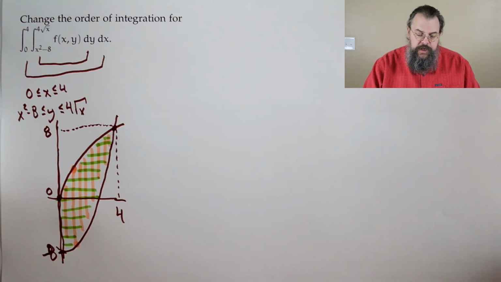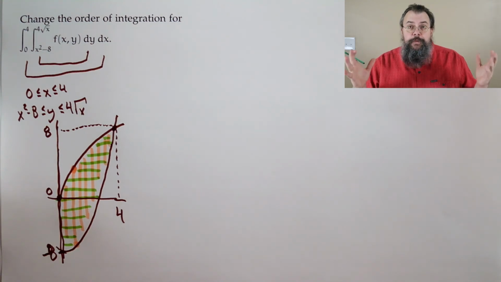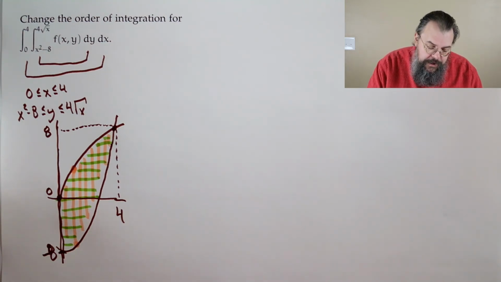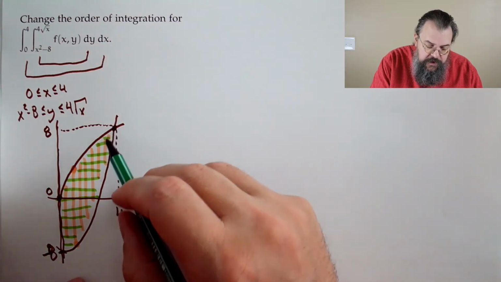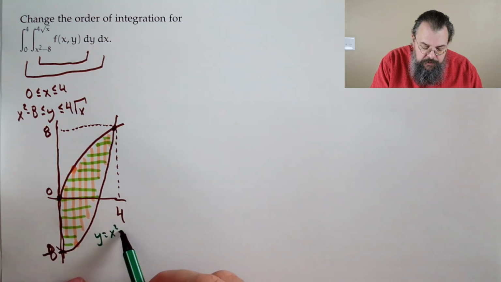Well, we're almost ready to write it down. In fact, there's really just two more things we need to identify, and then we'll be ready to more or less write down the answer. What are the two things left? Well, they are understanding these curves. So this curve here is y equals x squared minus 8.